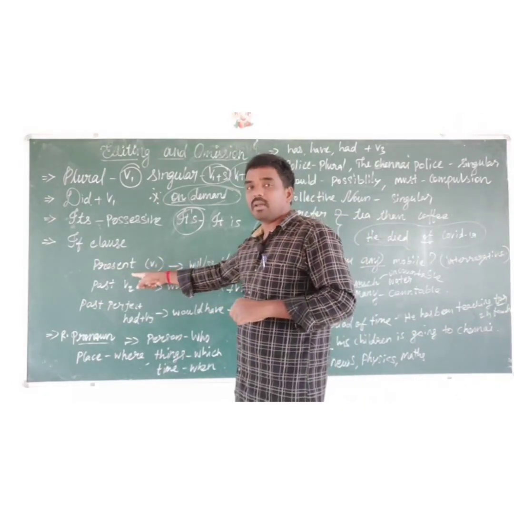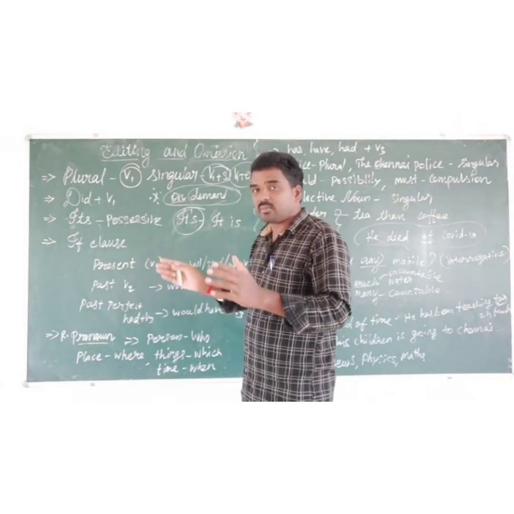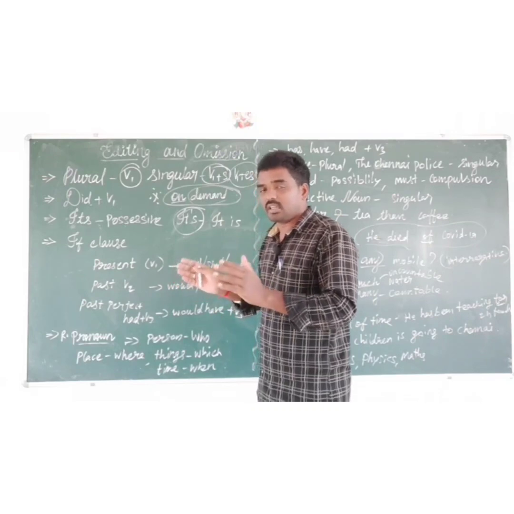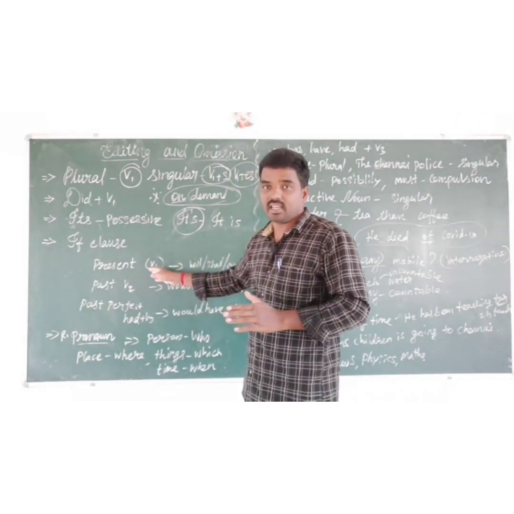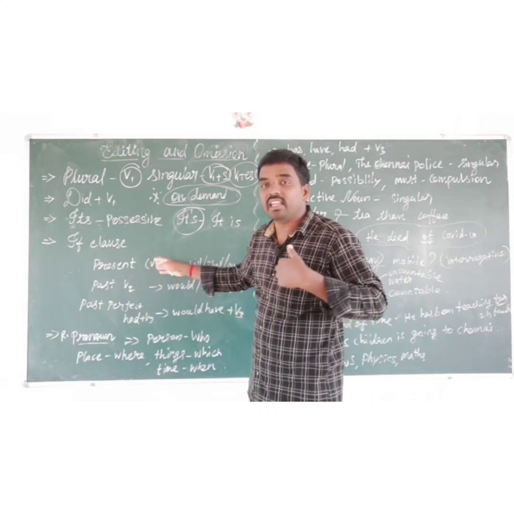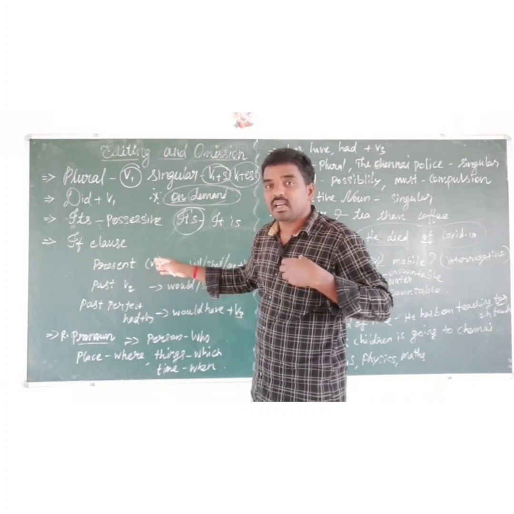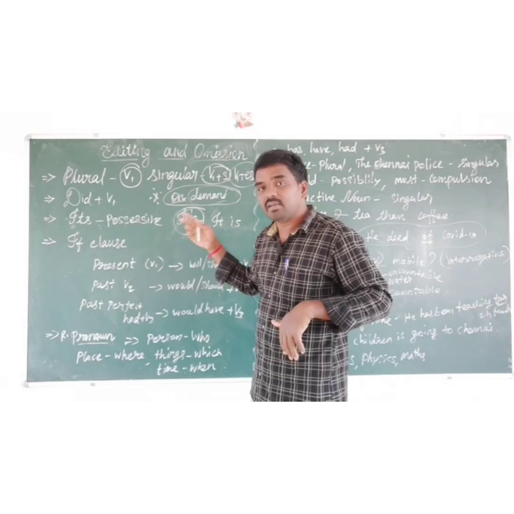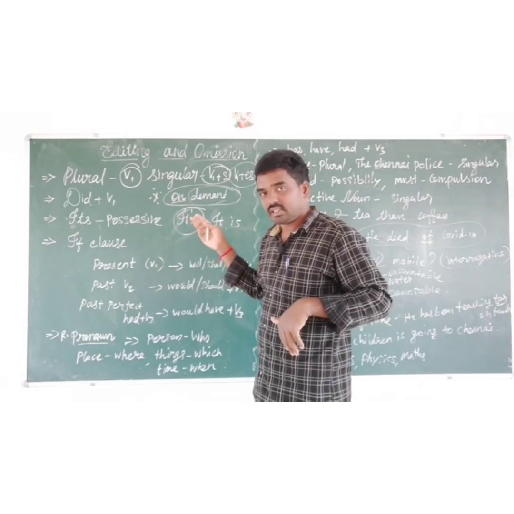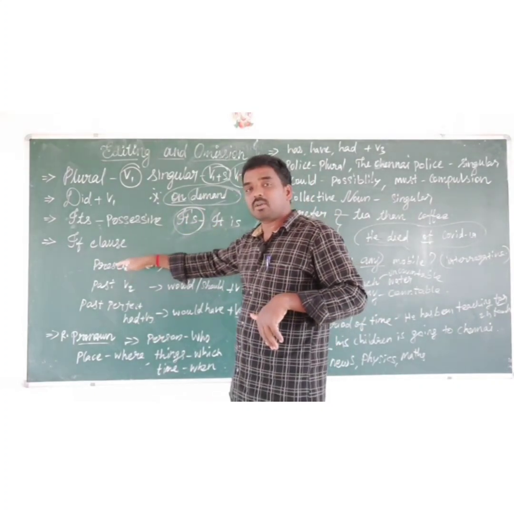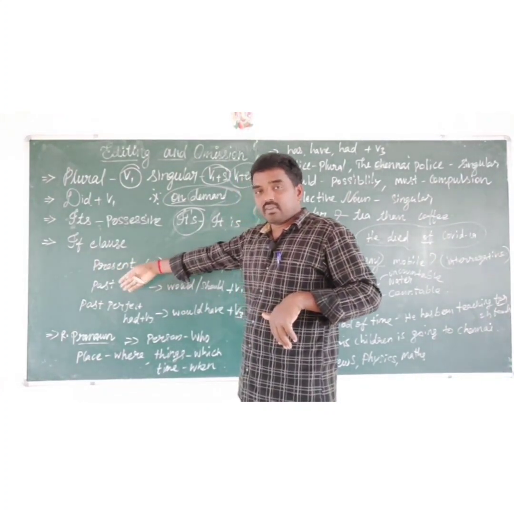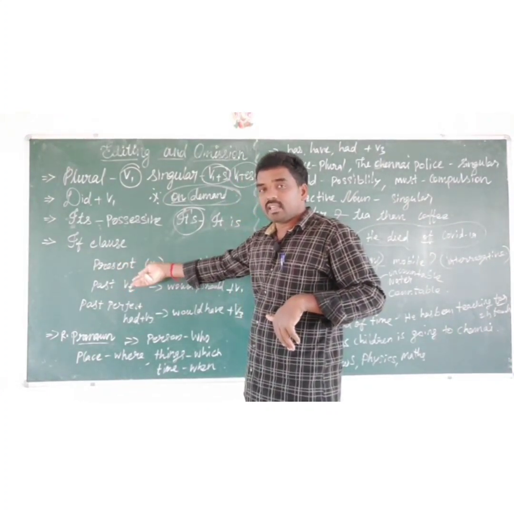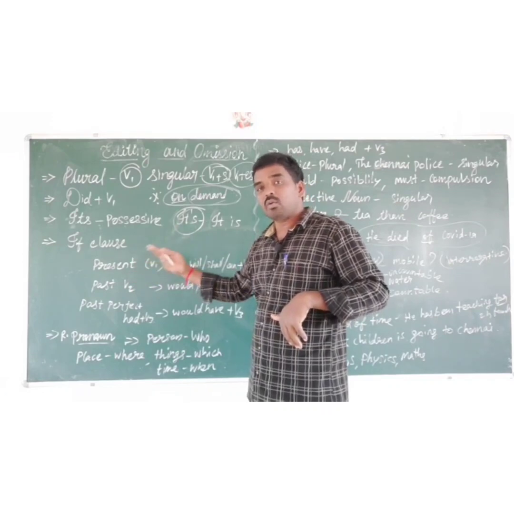In the first form, present tense, any one part of the sentence has the present form of the verb. If I write a story, I will become a writer. If I play cricket well, I will become a good cricketer.